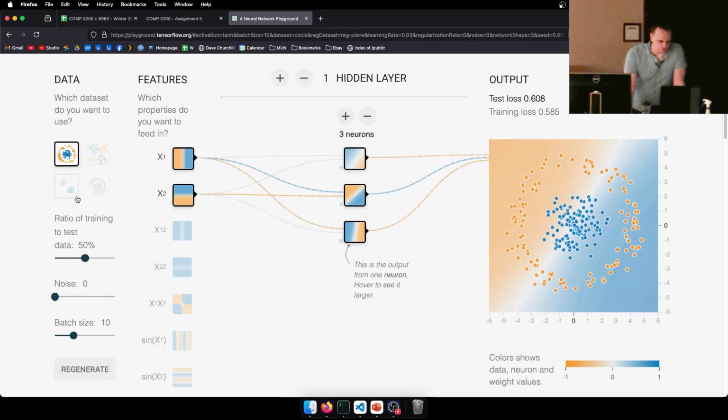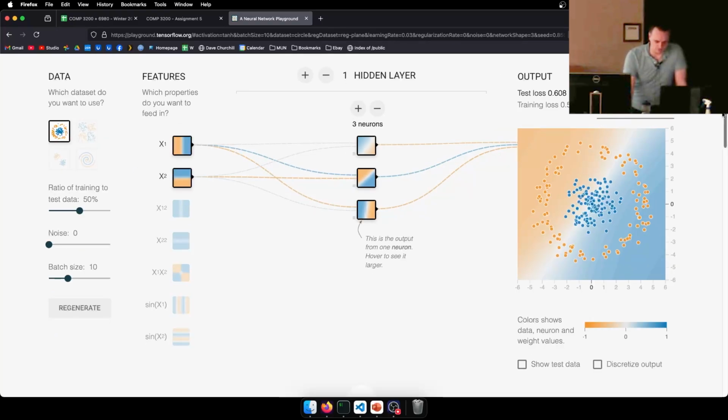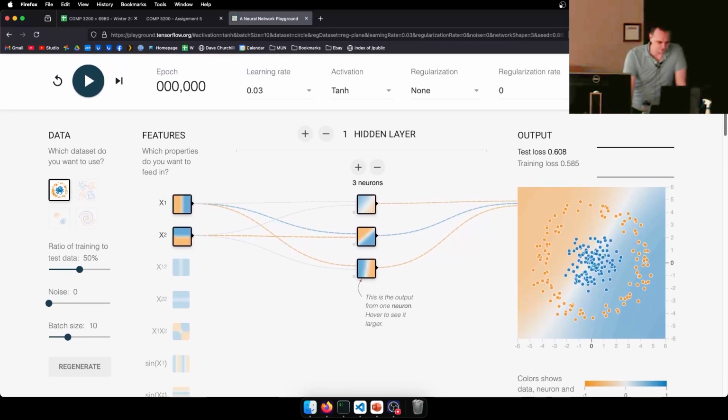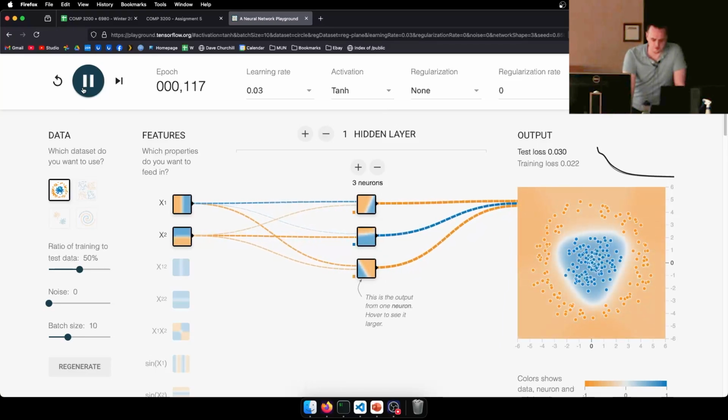So, for example, if I select this one, and I'm going to just make it a little bit smaller so I can actually fit everything in, and then I hit this button with all of these parameters, which I'll just leave the same, eventually what we get is this trained classifier.